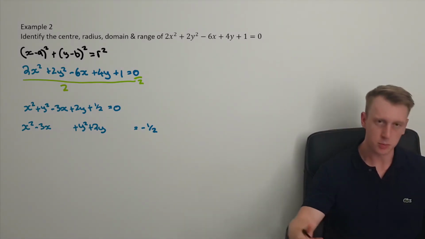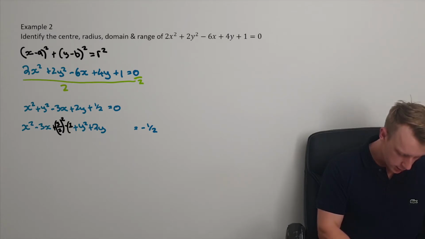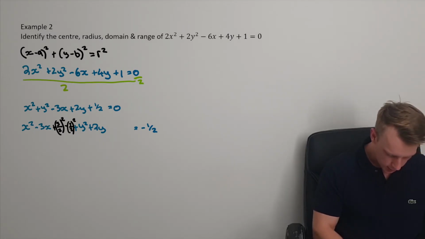Now, to complete the square, I need to halve this b term and square it, plus it and minus it. Again here, plus 2 on 1 squared minus 2 on 1 squared.